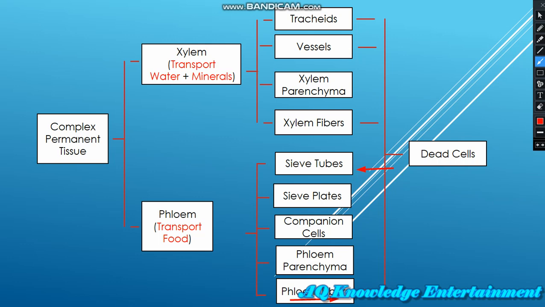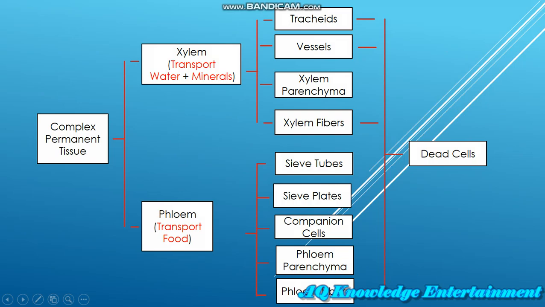So all of these have living cells. Now only the phloem fibers are dead in phloem. So if we take it all together, the tracheids, vessels, xylem fibers and phloem fibers, these 4 components of the complex permanent tissues are dead. Okay, so make sure you remember these points.